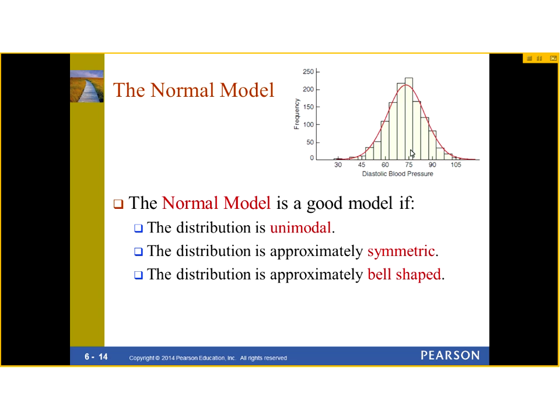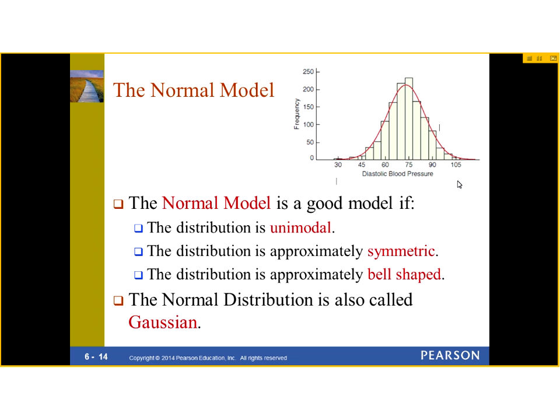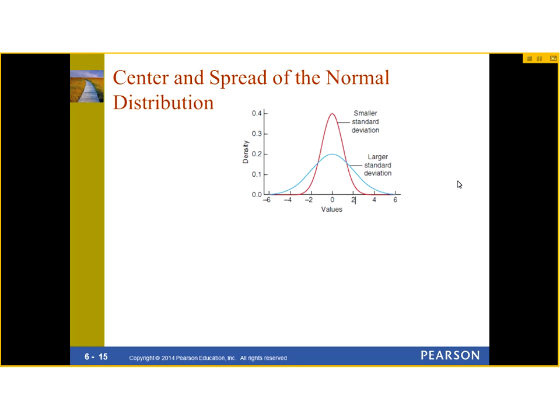It's approximately bell-shaped, which you can see right here in this example of the diastolic blood pressure and its frequency. You can kind of draw a bell curve over it. And not as important to you, but the normal distribution is also called the Gaussian distribution.